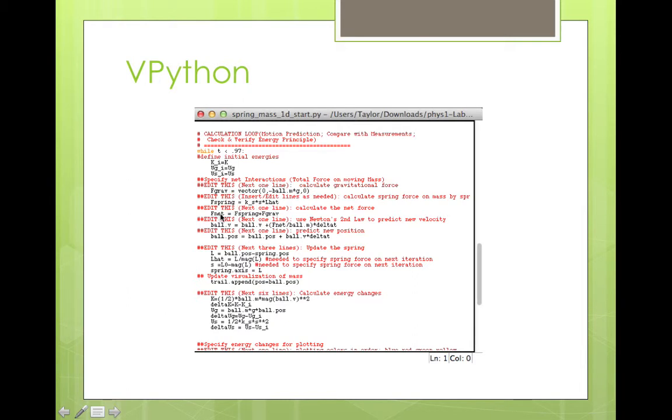And here is Newton's second law as F net equaling the force of the spring plus the force of gravity. We updated the ball's, or the man's, velocity here, and we updated the position here. Here we updated the position of the spring with L, and here the energies are updated.